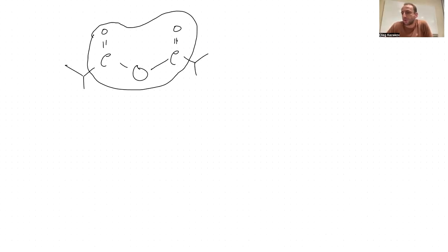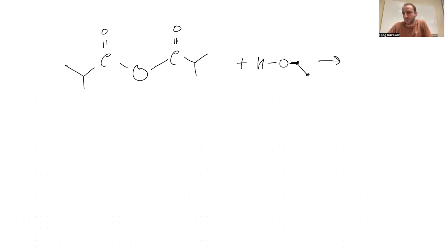Now we're going to react this with an alcohol. Let's use, for example, ethanol, so OH here, and we have CH2 and CH3. Now you will circle what is going to be making a side product.